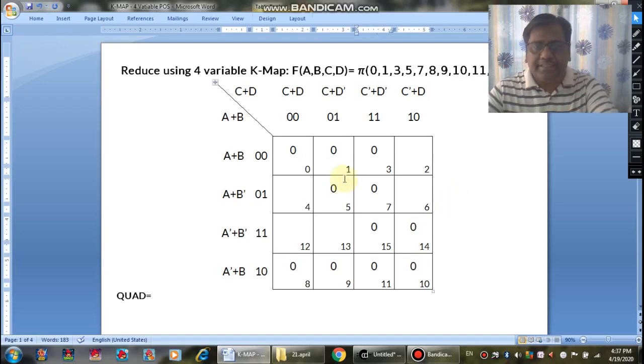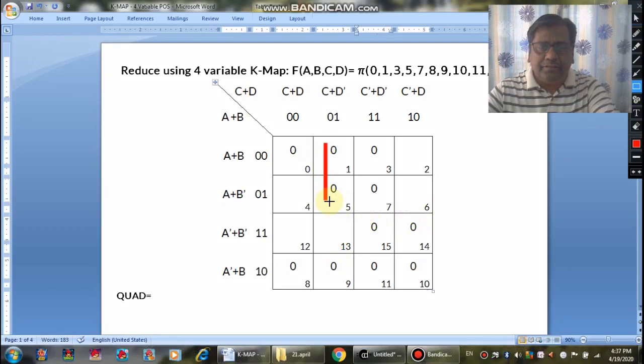The grouping will be as such that these four zeros are evident in a group. These 4 zeros are also evident in this group. Now we are left over with these 2 zeros.